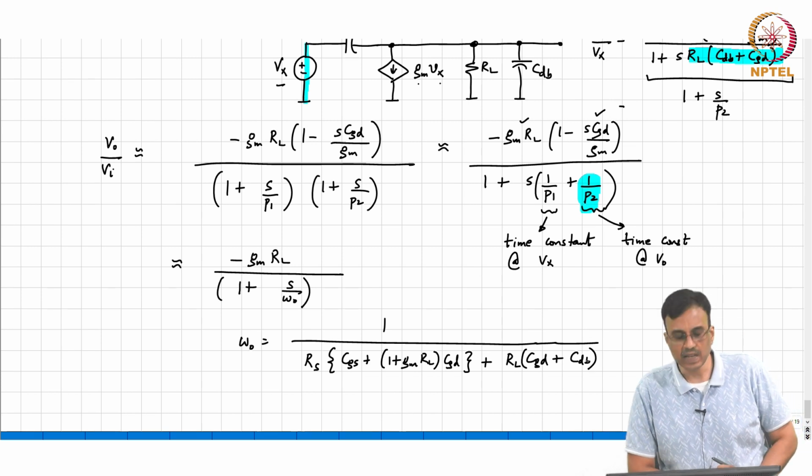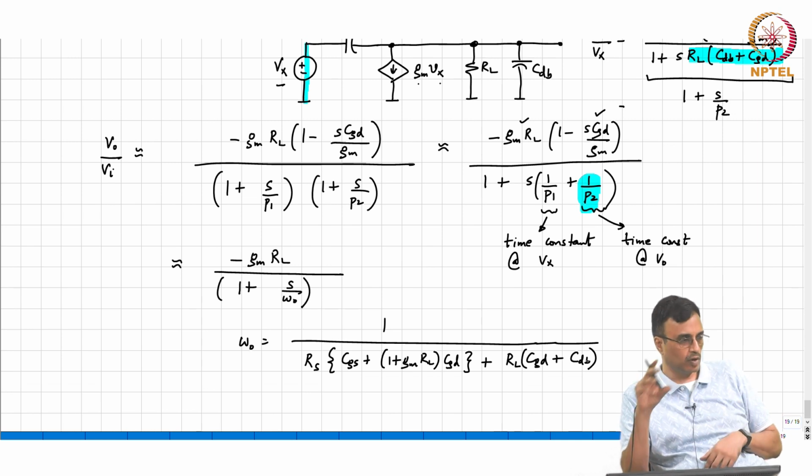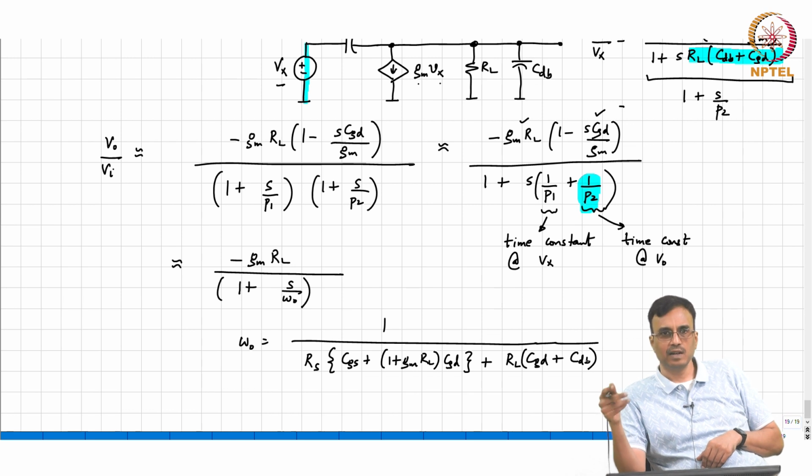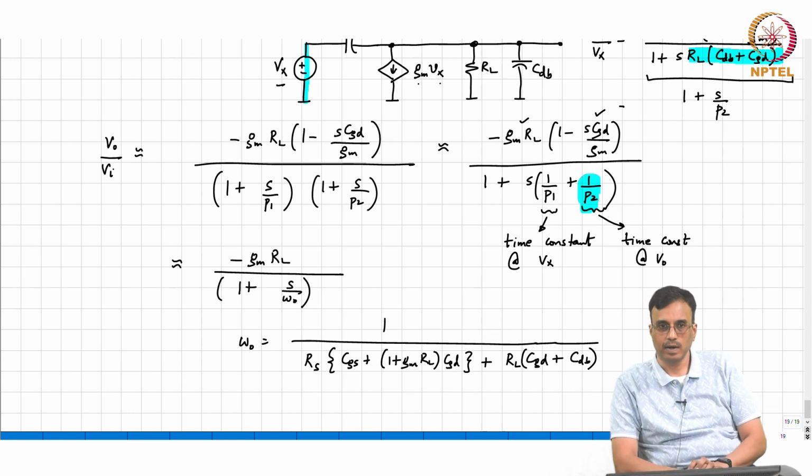All right. In many cases, the load that you will see is not purely a resistor. Let's say you are trying to load another amplifier, then its input capacitance also becomes a part of CDB, correct. So, you will see that the bandwidth is dependent on RS, RL, and the time constants.